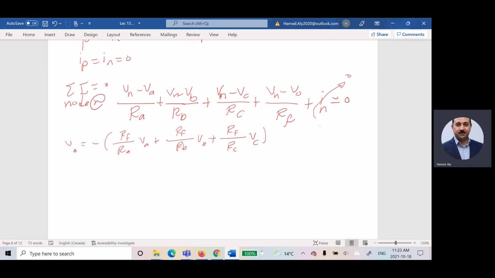Am I right? And this is what I expected. Negative something multiplied by Va plus negative something multiplied by Vb, and in the same way for Vc.